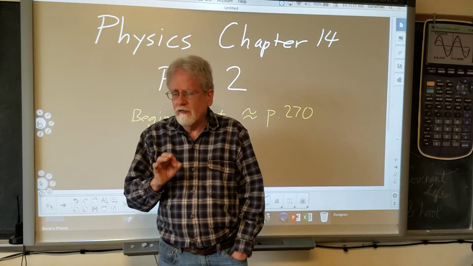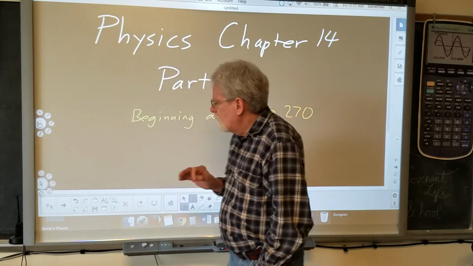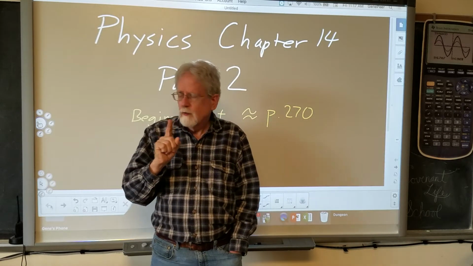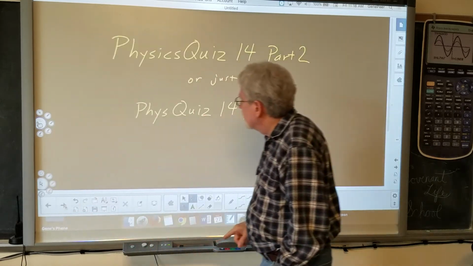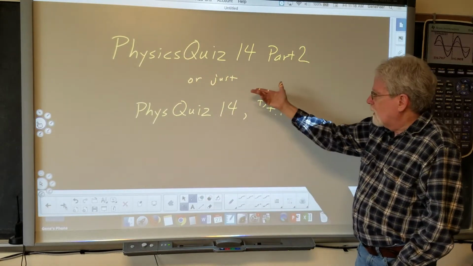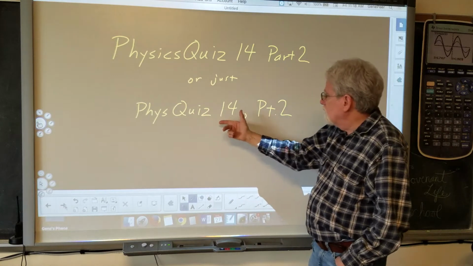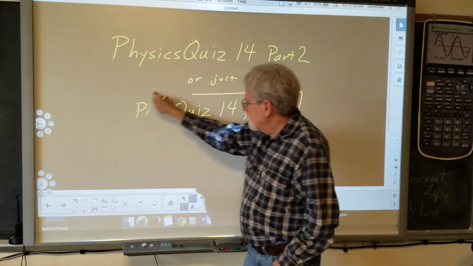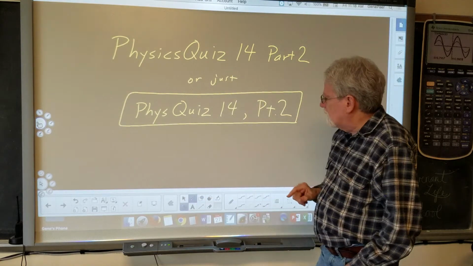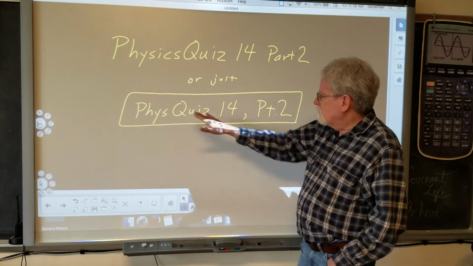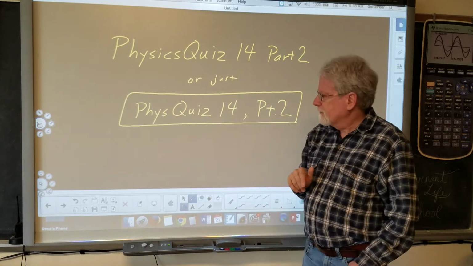So for these quizzes, I want you to just send me an email with the following subject line: Physics Quiz 14 Part 2, or perhaps just Phys Quiz 14 PT2 to save space. I like this because I know that'll fit easily on my compressed email screen. That's all I want in the subject line.